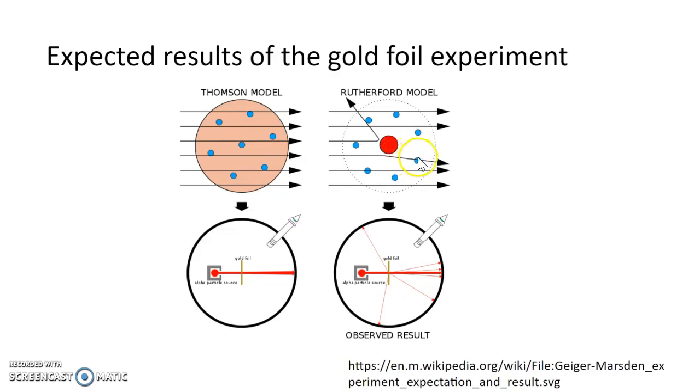Or if the alpha particle bumps right into the nucleus, then you end up having it completely deflecting at a very dramatic angle overall, indicating that it hit something that had a very dense mass at that point. It's sort of like the idea if you were throwing a ping pong ball at a bowling ball. You know that ping pong ball is going to come right back at you.